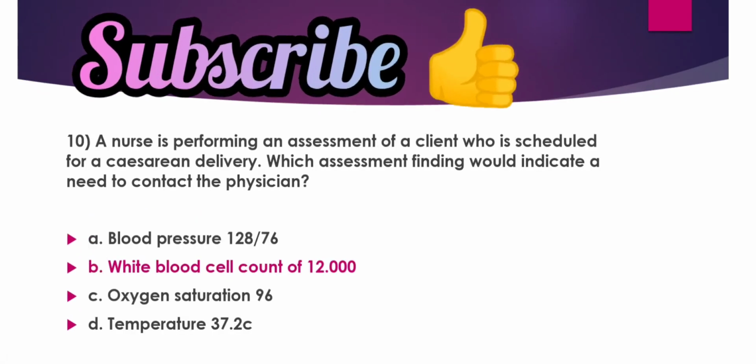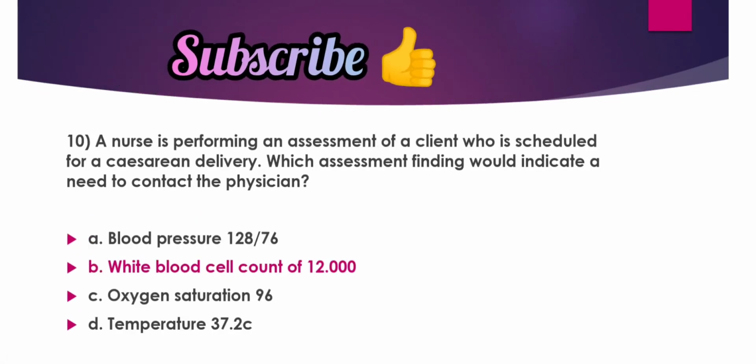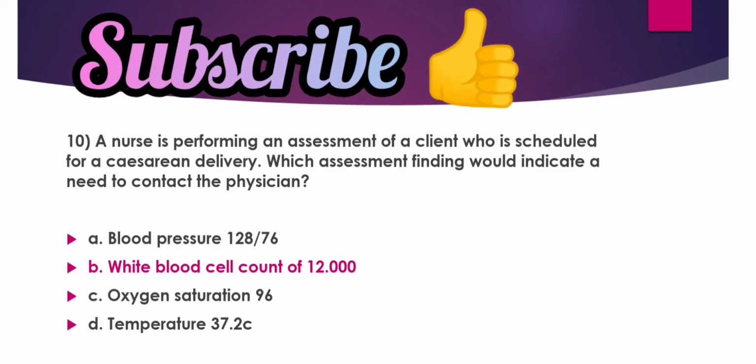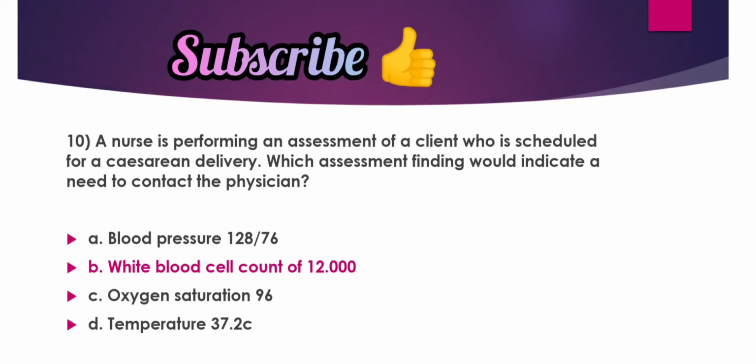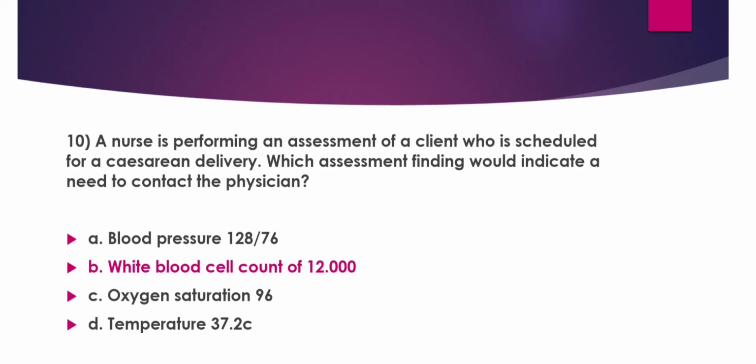Question number 10. A nurse is performing an assessment of a client who is scheduled for a cesarean delivery. Which assessment finding would indicate the need to contact a physician? Option A, blood pressure 128/76.